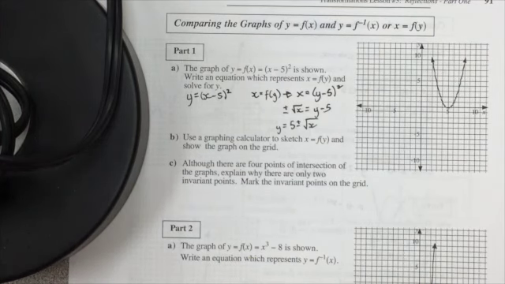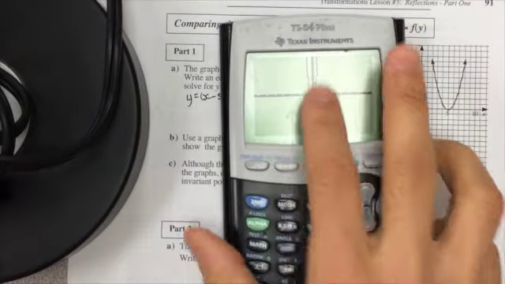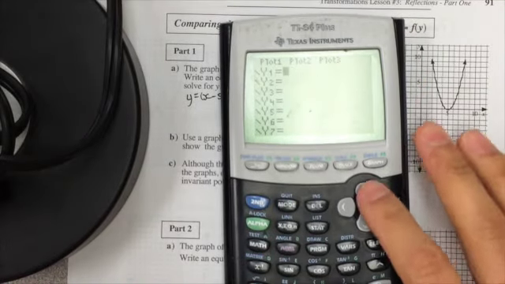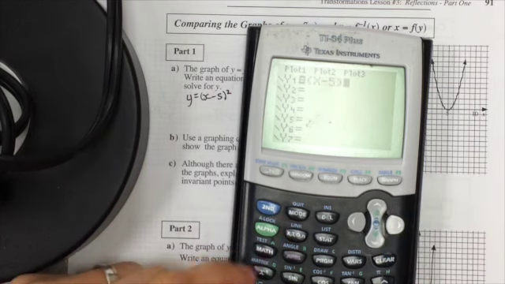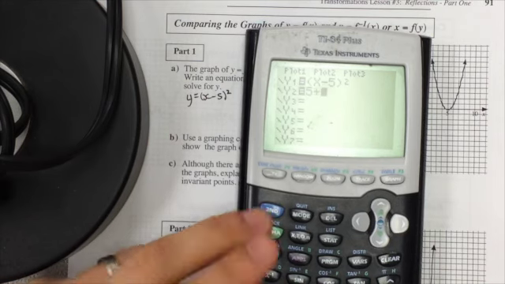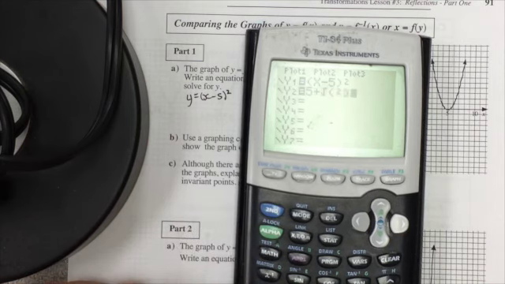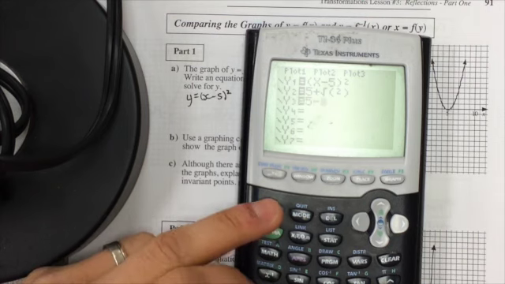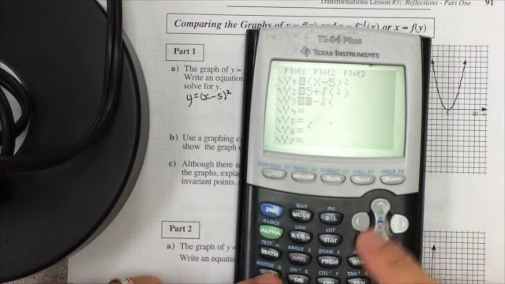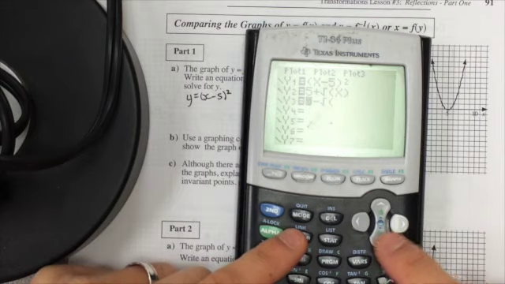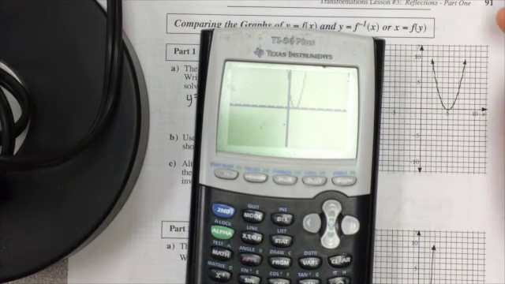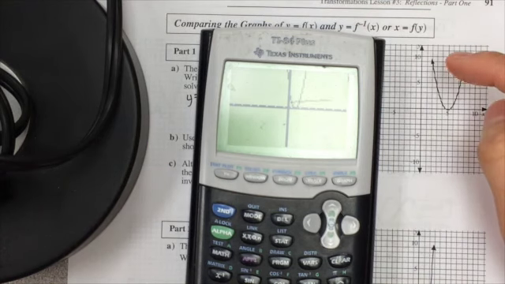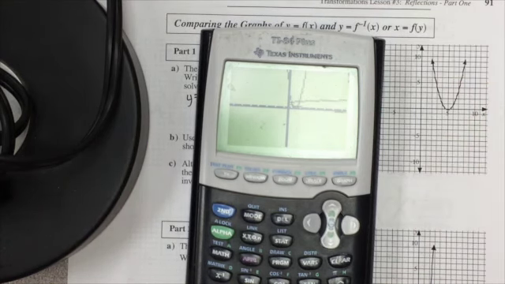So we want to use a graphing calculator now to show what this is going to look like. My first function was (x minus 5) squared, and my other function is going to be 5 plus the square root of x, and also 5 minus the square root of x. Okay, so we'll have our normal parabola graph, and we have our inverted parabola graph as well.